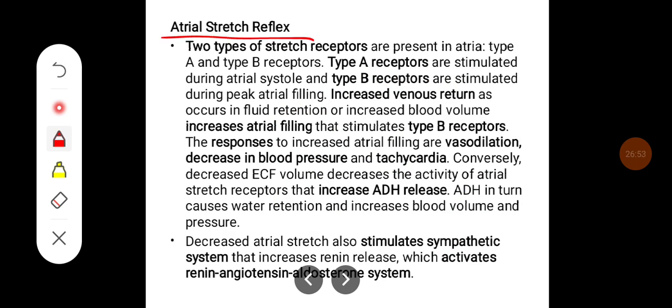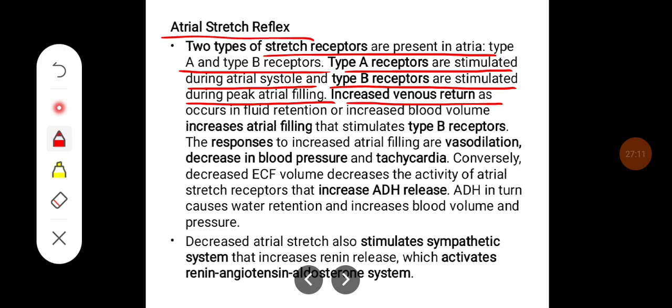Atrial stretch reflex. Two types of stretch receptors are present in the atria, type A and type B receptors. Type A receptors are stimulated during atrial systole and type B receptors are stimulated during the peak atrial filling.